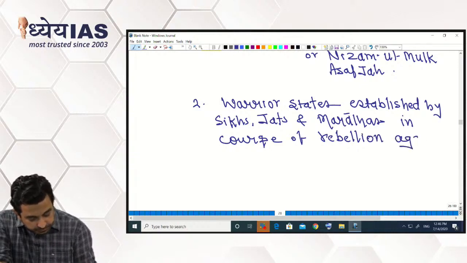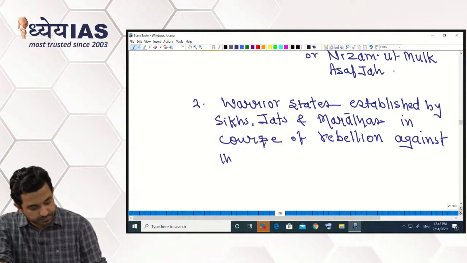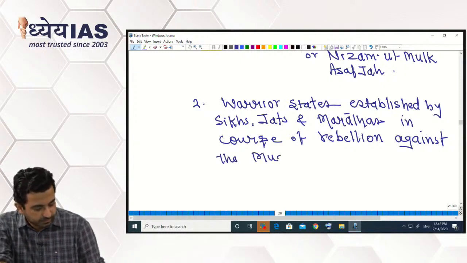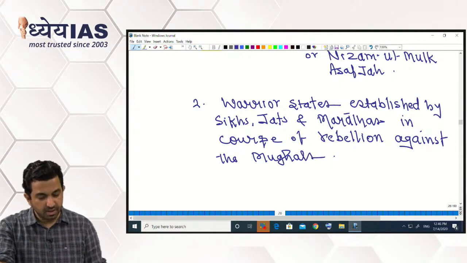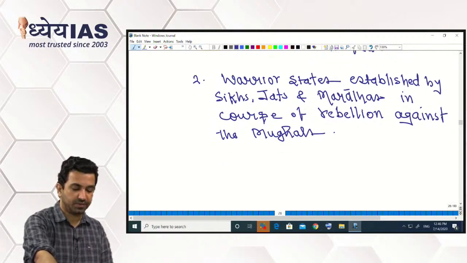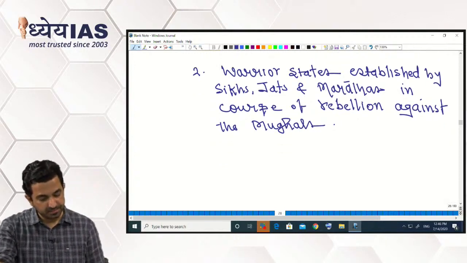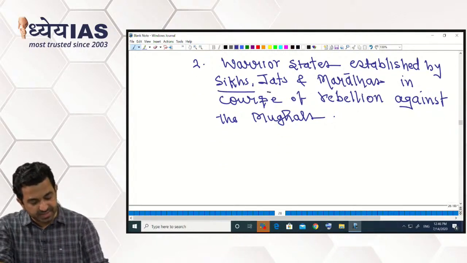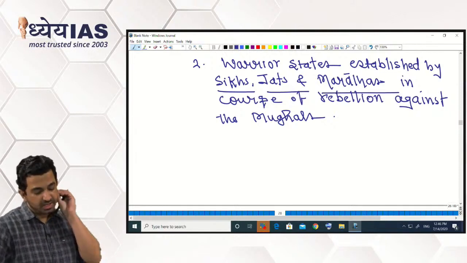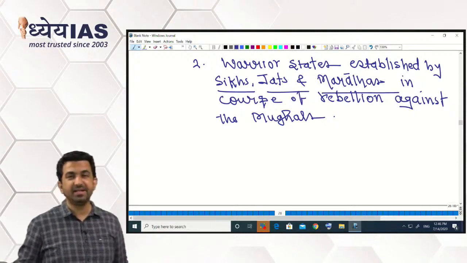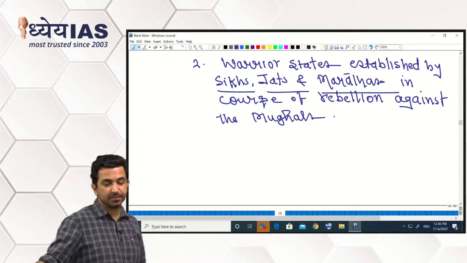In course of rebellion against the Mughals. Okay. So Jat state, Sikh state and Maratha states were founded or established in course of their rebellion against the Mughals.